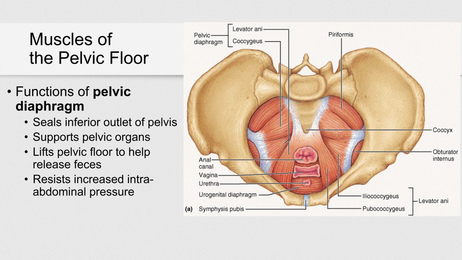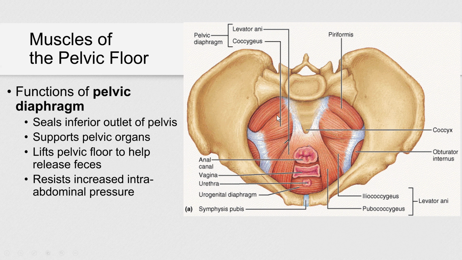At the same time, we don't want a bony structure over here because you need some movement, and you need to have your anal canal, and vagina if you're female, and urethra passing through this area. So a bony covering would not work.